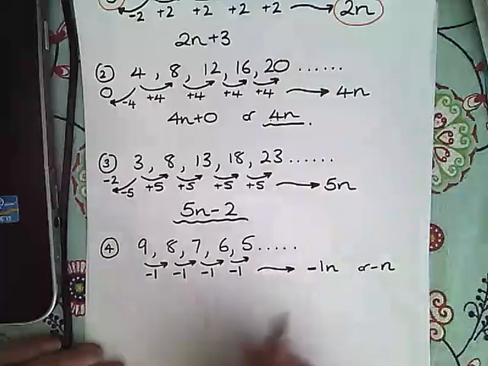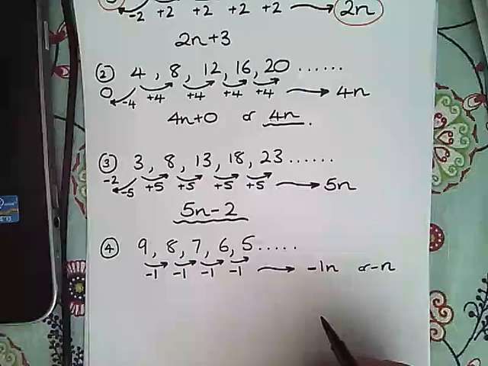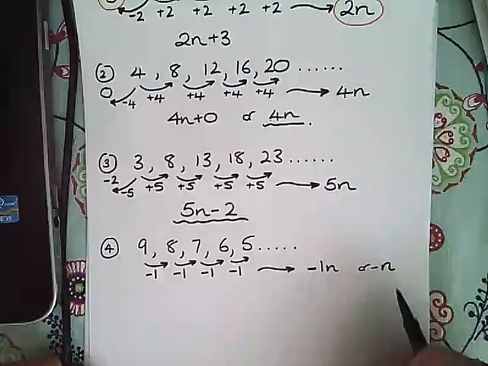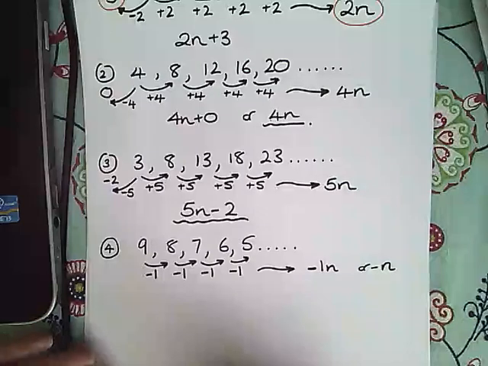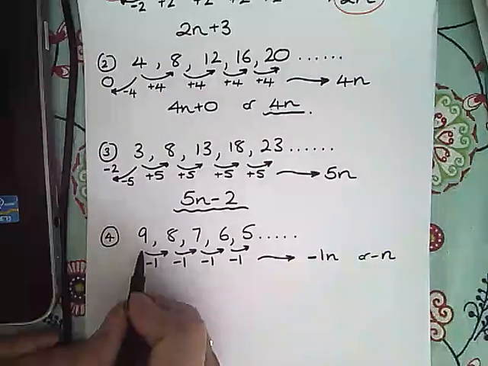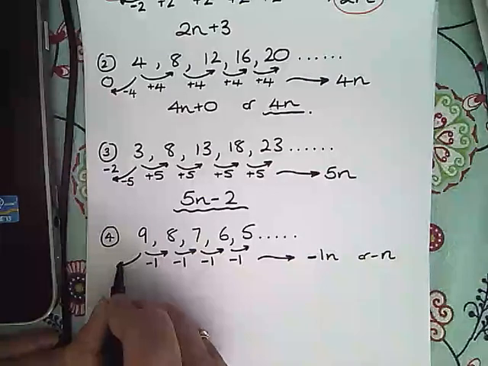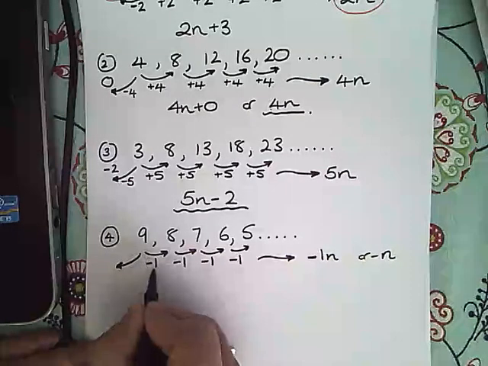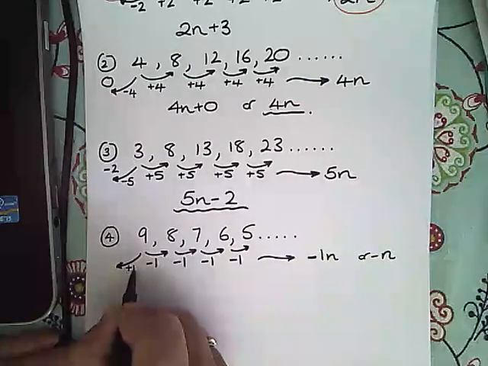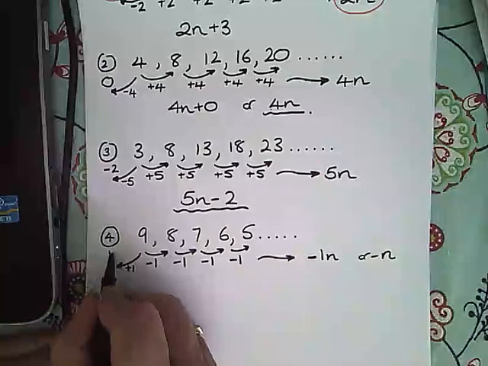It's not wrong to write that, but it is more usual to see it like this, minus just one lot of n. Go back to the start of my sequence, draw an arrow going the opposite way. Do the opposite of take away 1, which is plus 1. 9 plus 1 would take me to 10.